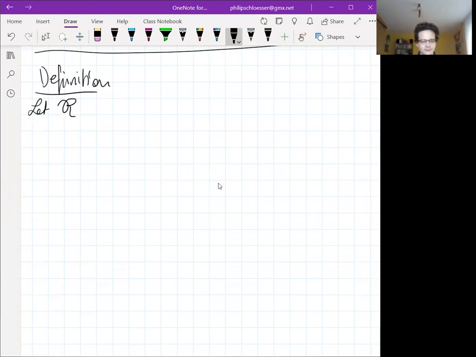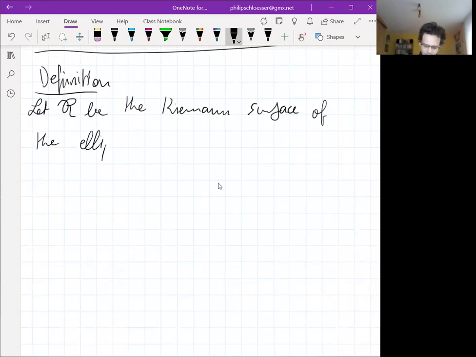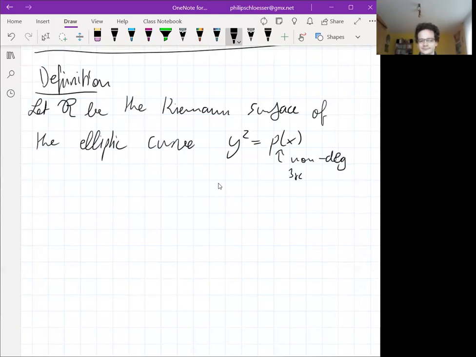So let Fraktur R be the Riemann surface of the elliptic curve y squared is equal to p of x, where again p is some non-degenerate third degree polynomial.